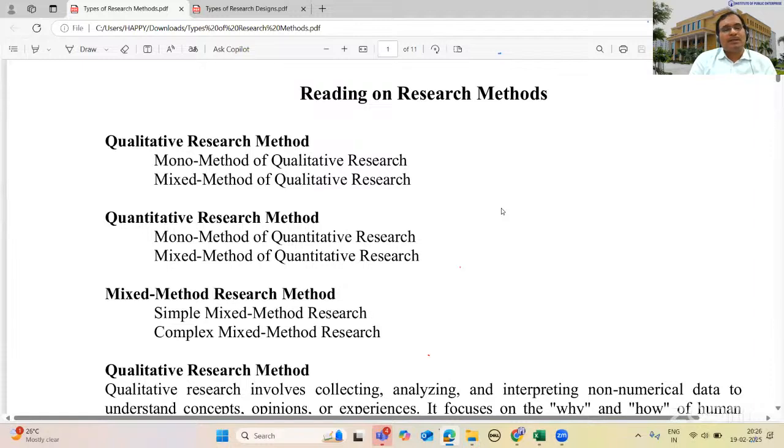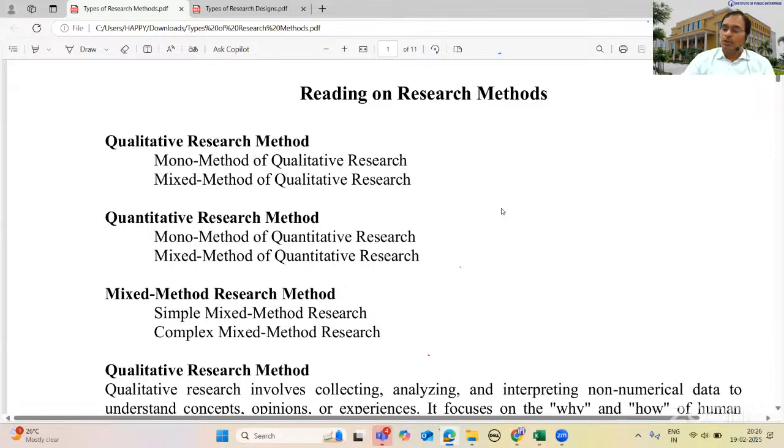Next comes your quantitative research method. When I say quantitative research methods, again you have 2 types. Here in quantitative research, we collect the data. You will collect cross-sectional data using primary data, using questionnaires and so on, or you collect secondary data in terms of databases from various sources.